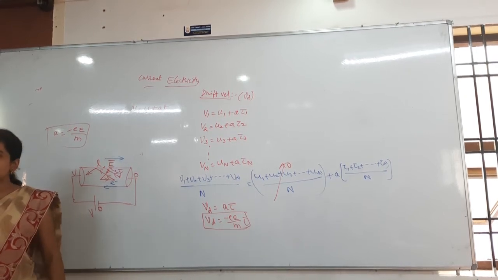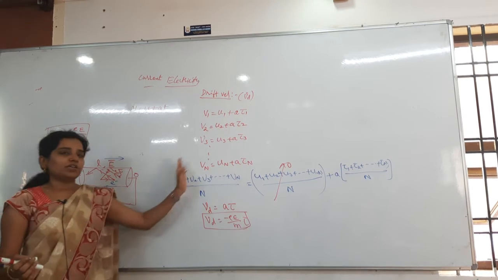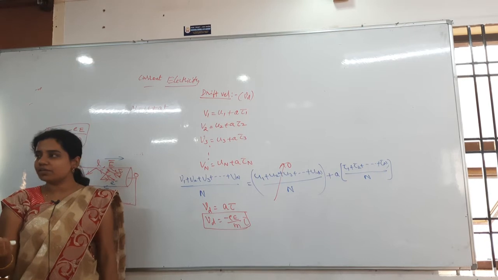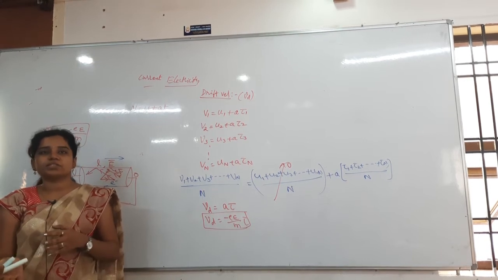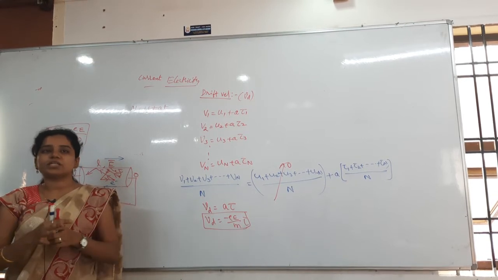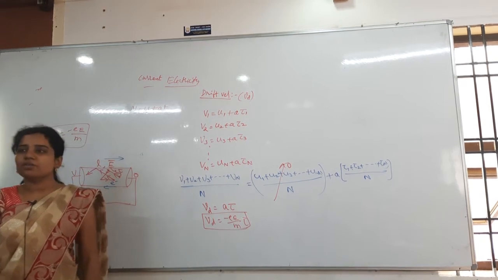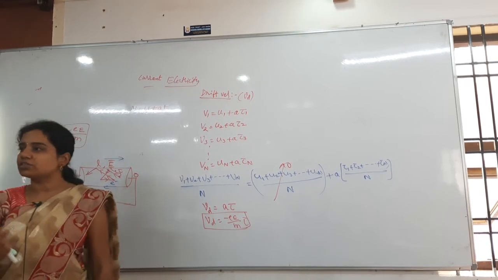In other words, we can simply say it is the average value of all the final velocities. One velocity is V1. Like that, the number of velocities I have taken, together I have considered as only one velocity. That velocity is Vd. Why? Because we cannot calculate for each and every electron separately.